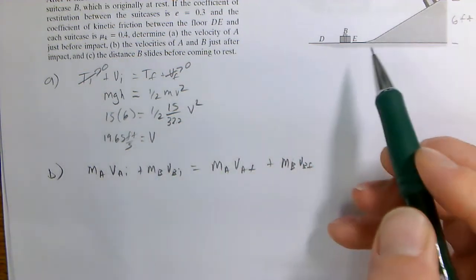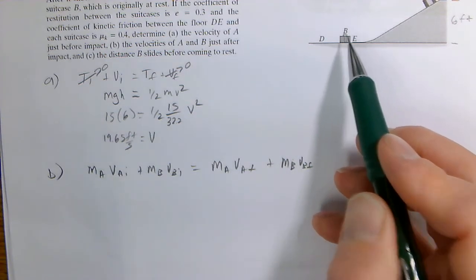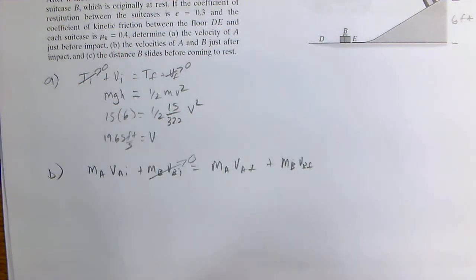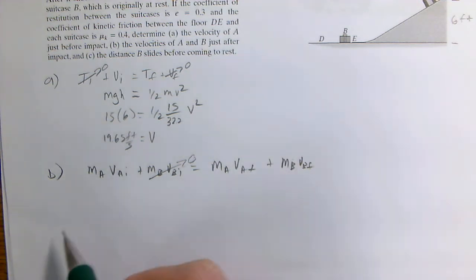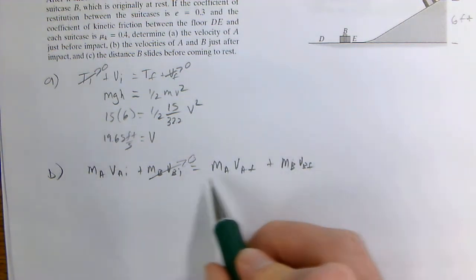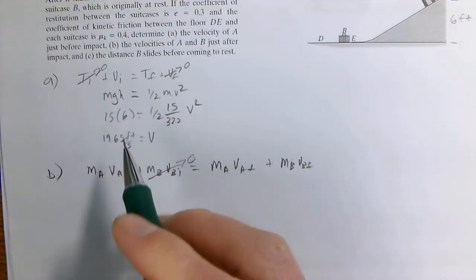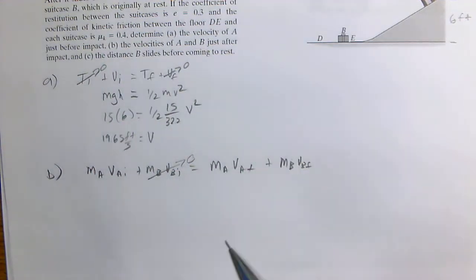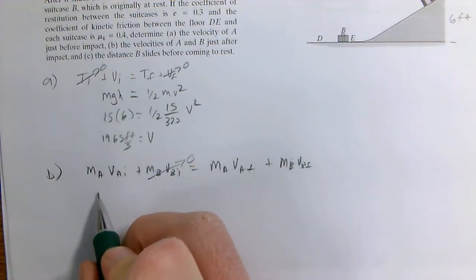Initially, B is at rest, so that goes to 0. I'm going to multiply both sides by g, so I'm able to use my 15 and my 10 without dividing by 32.2.